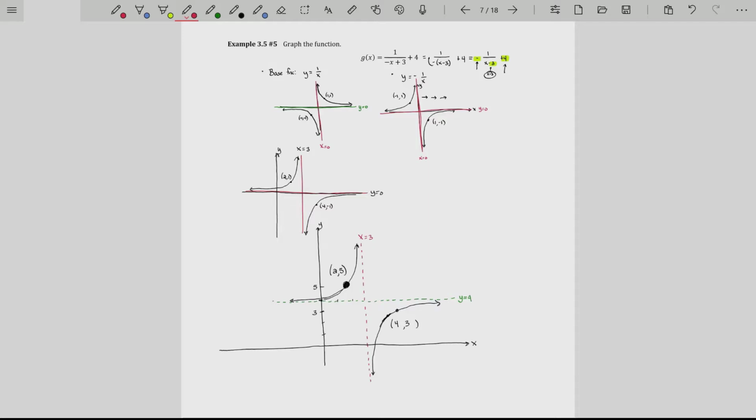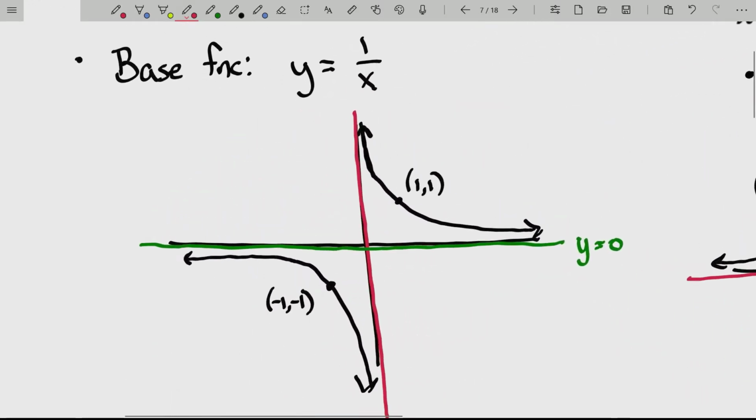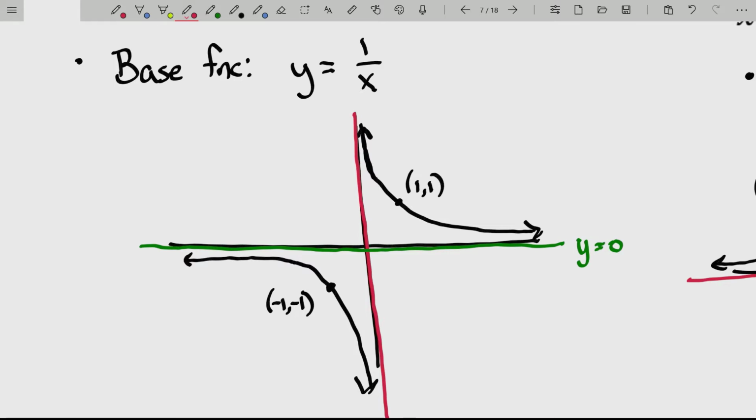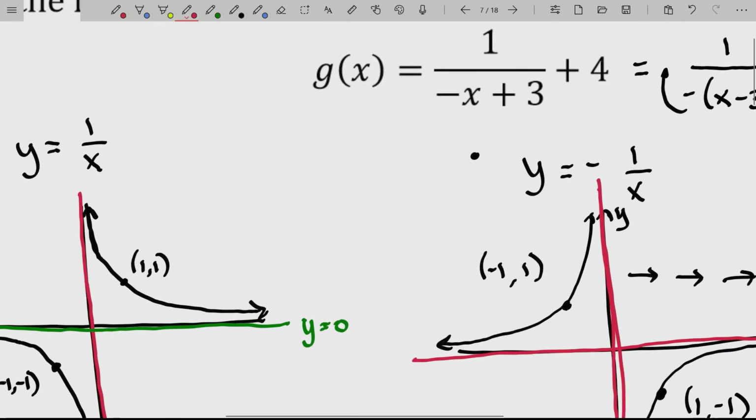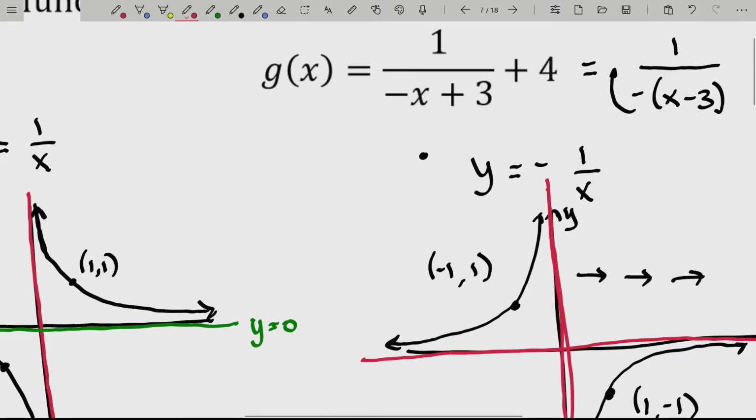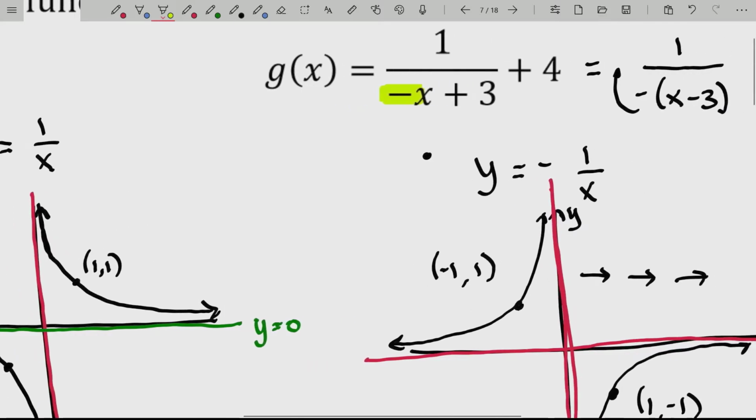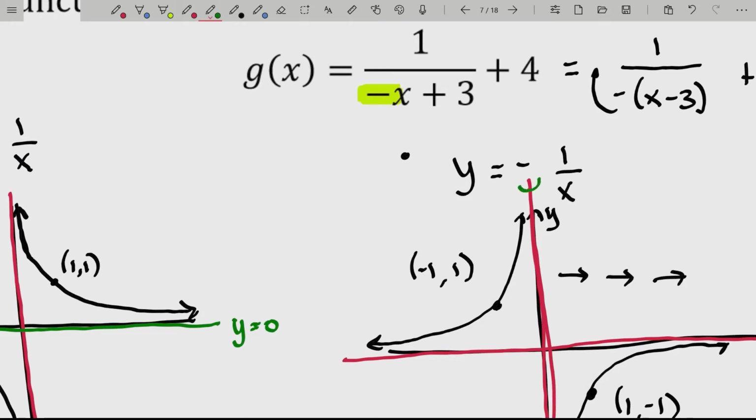Now, before I step away from this, notice that I didn't really have a reflection about the y-axis, or so you may think. But if I go to the original function, 1 over x, I'm not graphing 1 over x, I'm graphing 1 over negative x plus 3. Well, that negative on that x, technically, by what our theorem said, should reflect about the y-axis.